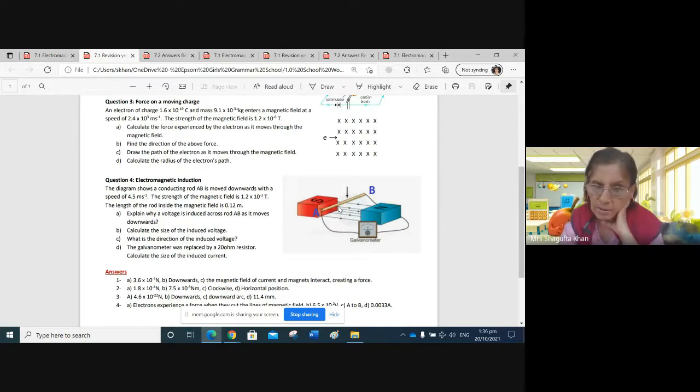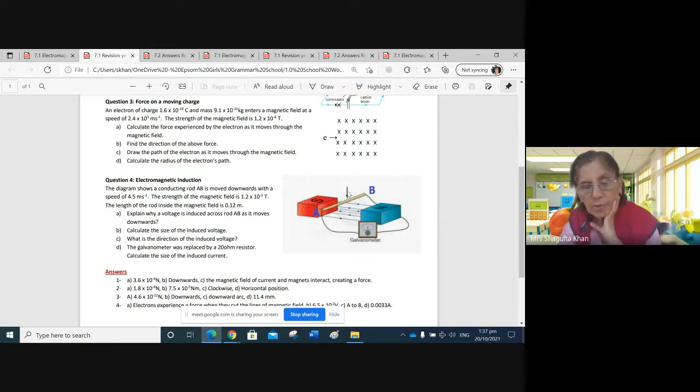So this is a conducting rod made of copper. Copper has charges which can move from atom to atom, and those are the electrons.